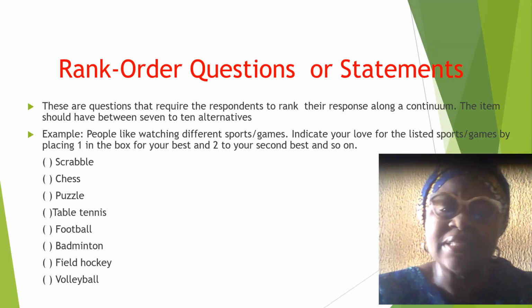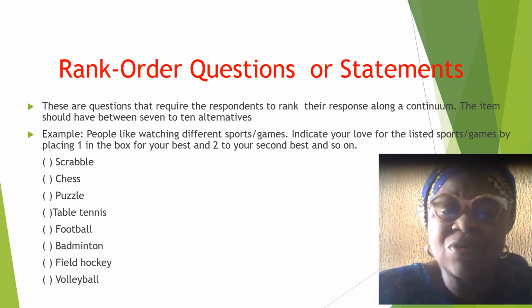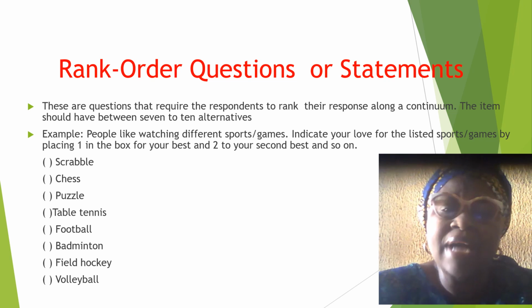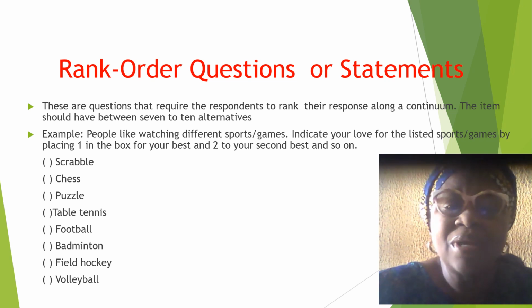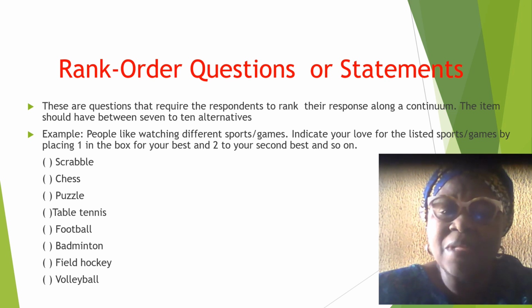There are questions that require the respondents to rank their responses along a continuum. The item should have between 7 to 10 alternatives. We'll take an example. People like watching different sports or games. Indicate your love for the listed sports or games by placing 1 in the box for your best and 2 to your second best and so on.